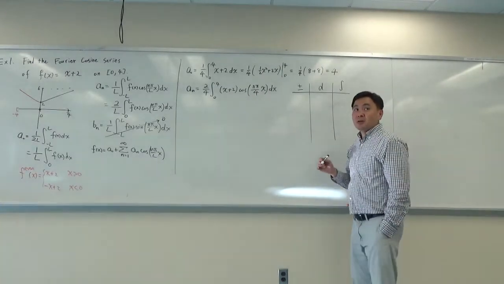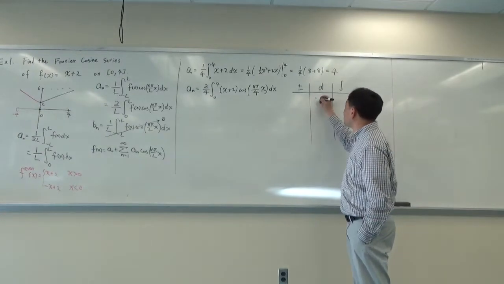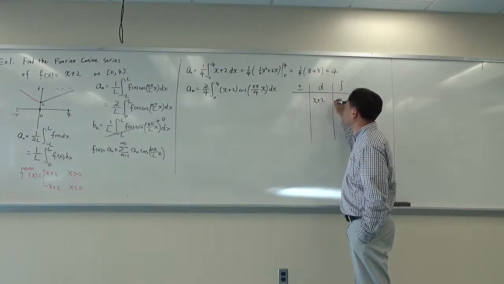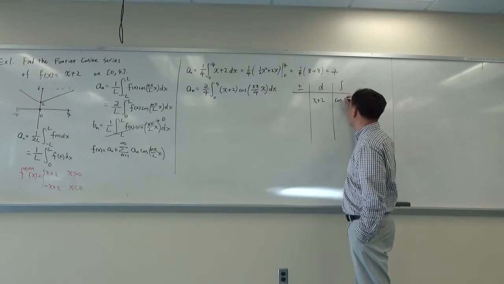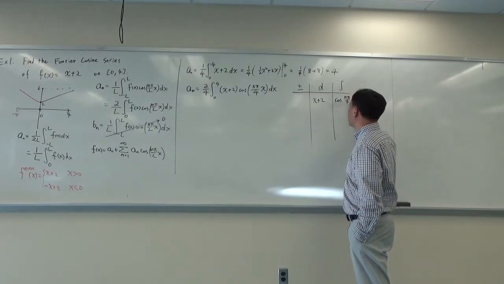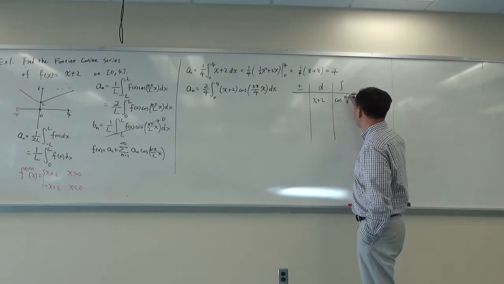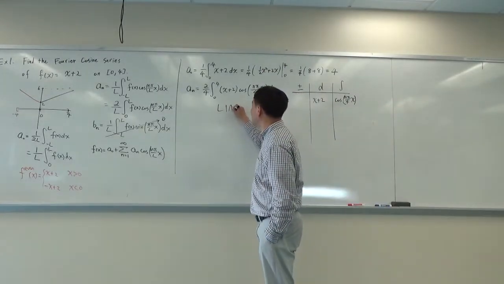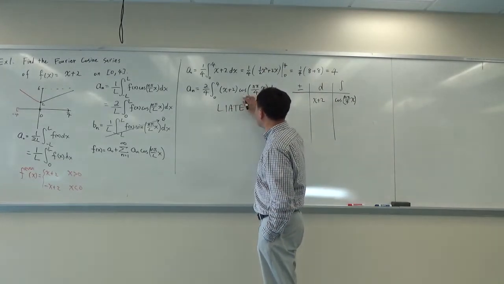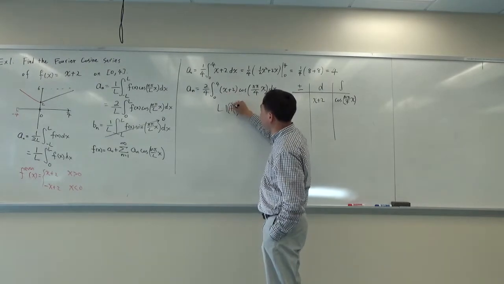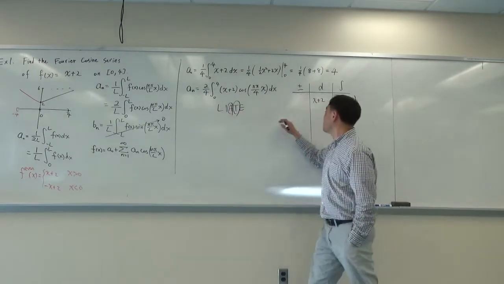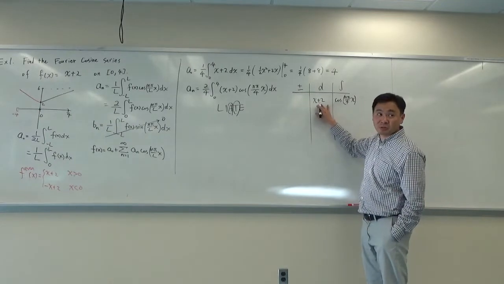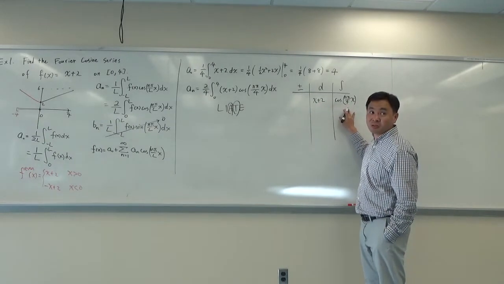Okay, and then I put x plus 2 here, and put cosine n pi over 4. And I know from this thing called V8, where cosine is trigonometric and x plus 2 is algebraic, so x plus 2 should be the one that's differentiated and cosine should be the one that's integrated.